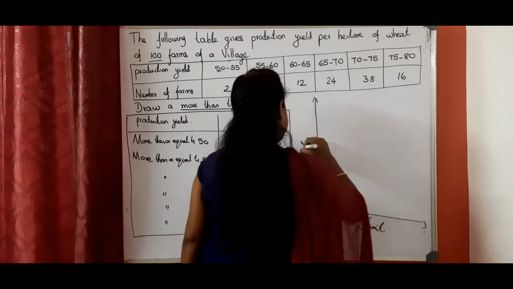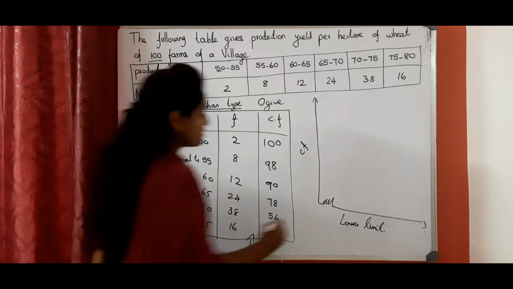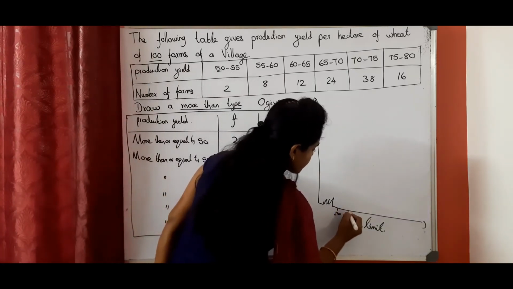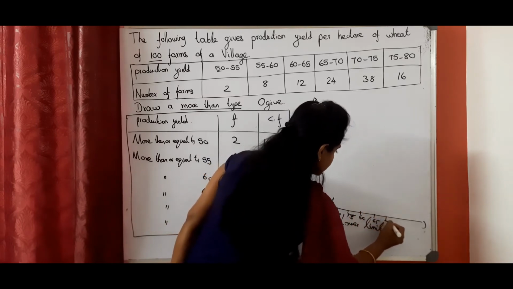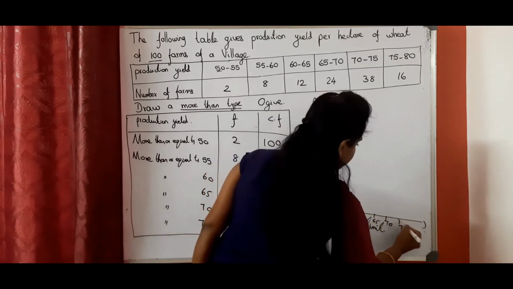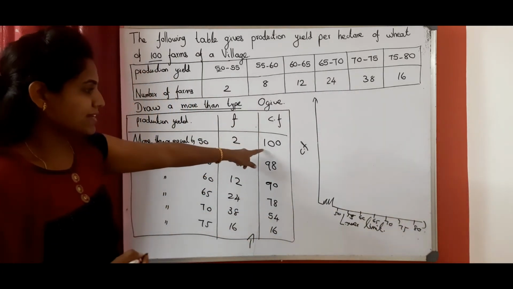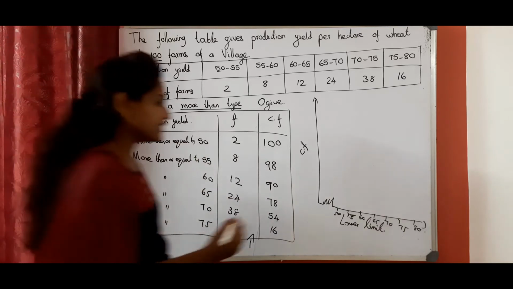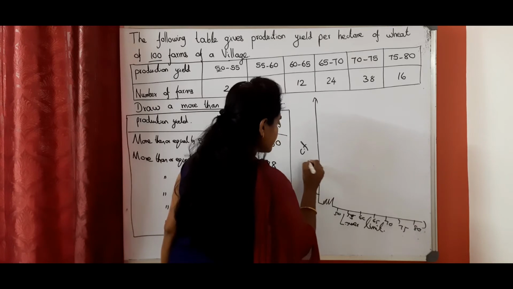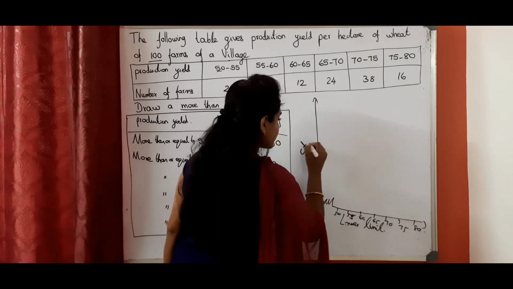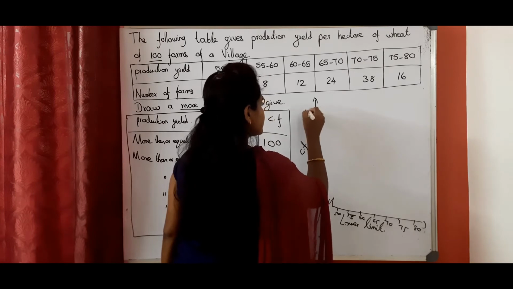This is the cumulative frequency only. What are the lower limits? 50, 55, 60, 65, 70, 75, 80. Then you check, the cumulative frequency goes up to 100. So better we take 10, 20, 30, 40, 50, 60, 70, 80, 90, 100.